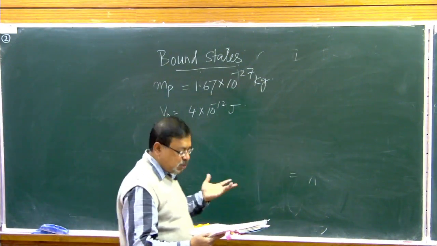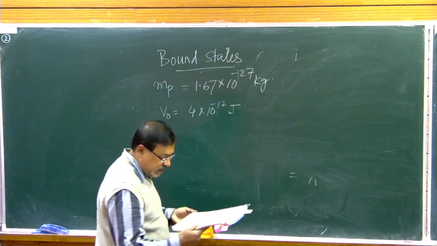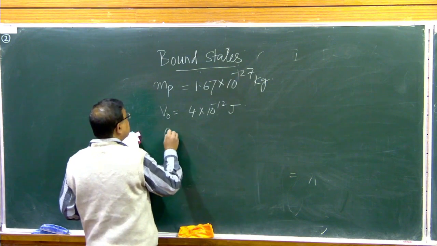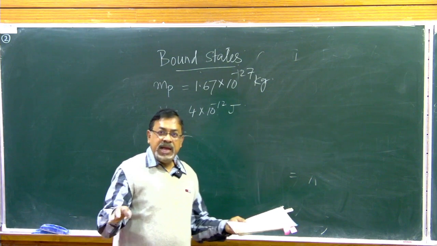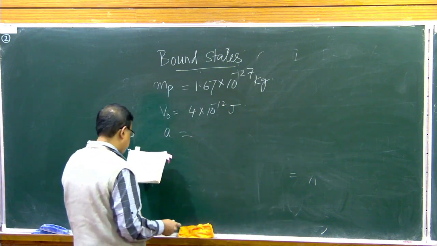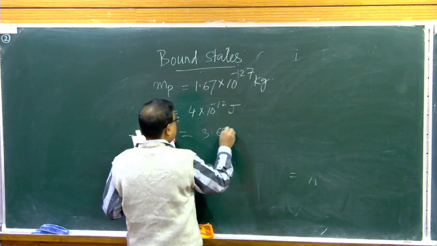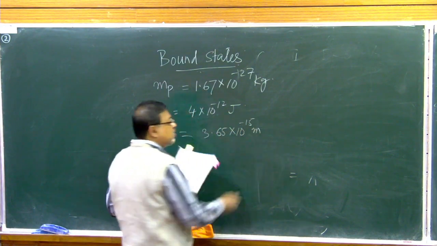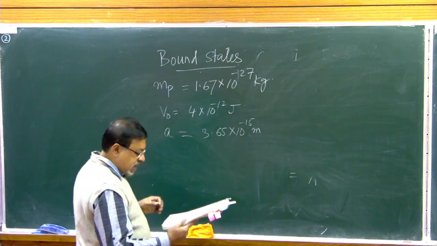It should be given in MeV, but when you convert it, because you have to do it in SI units, it is converted into joules. And it is inside a potential well which has half the extent of the well as 3.65 into 10 to the power minus 15 meters. So that looks like femtometers and so on.